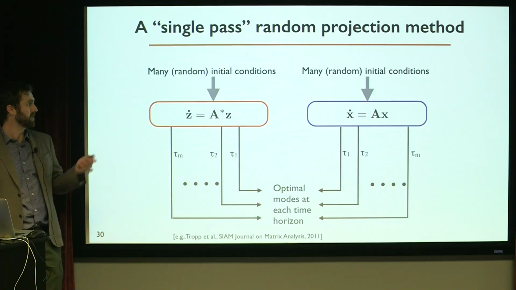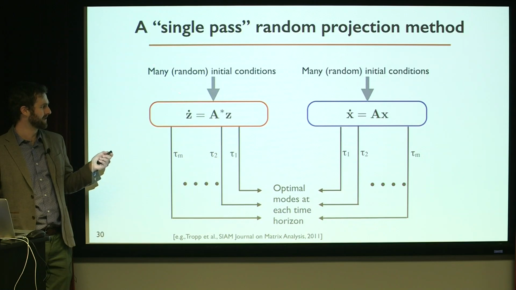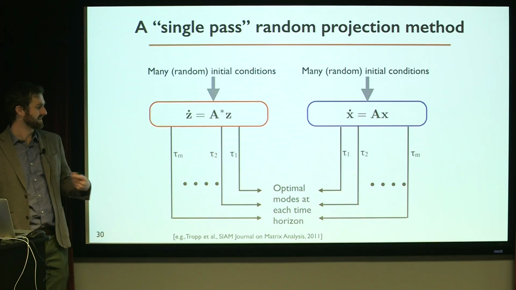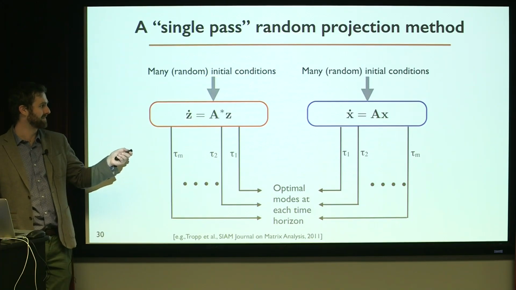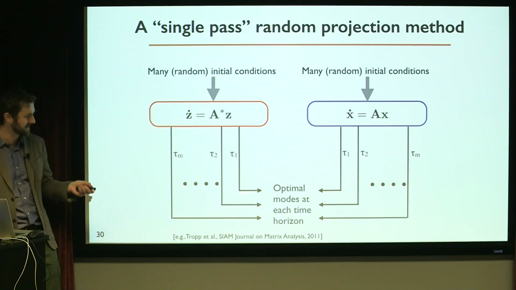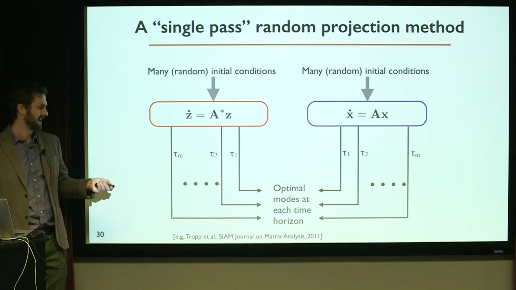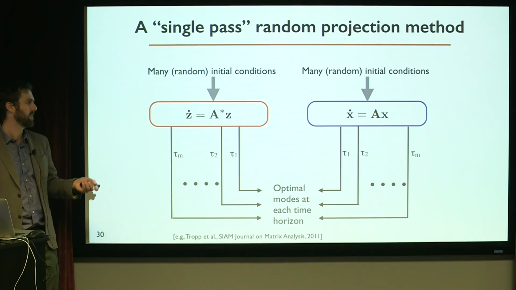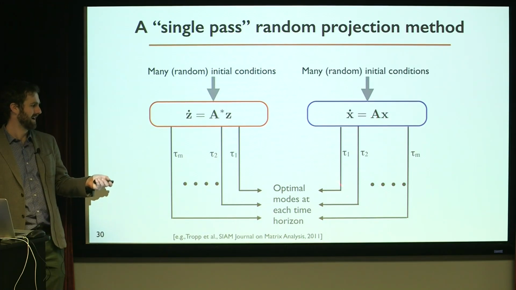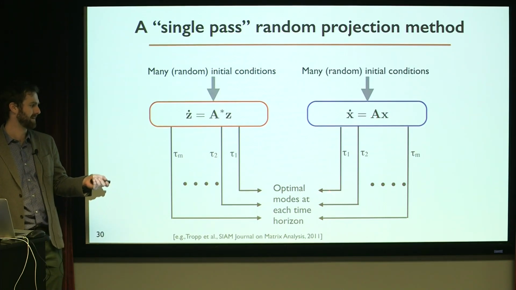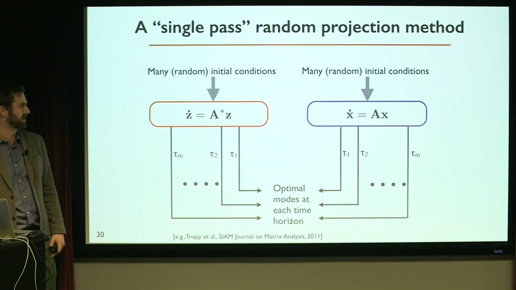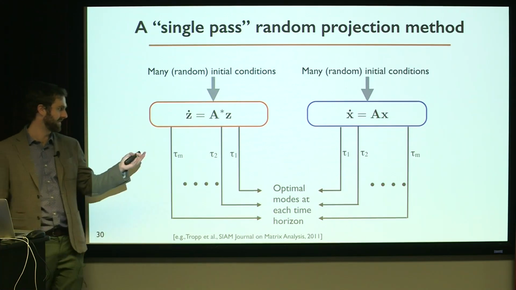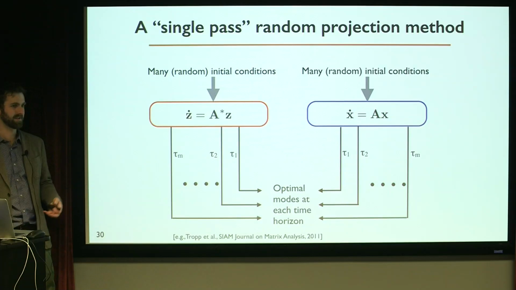However, we can do one better. We can also make this approach even more parallel, where we start with different random conditions for both our forward and our adjoint system, and come up with an answer without ever having to add an extra step at each different time horizon. The nice thing about this approach is that you're never waiting for another step to finish before you need to go on to the next step.